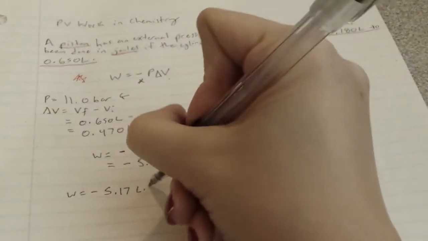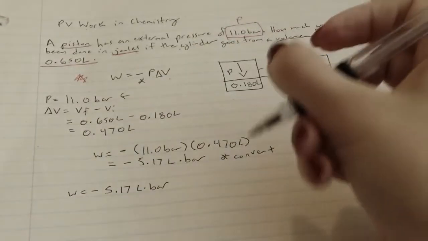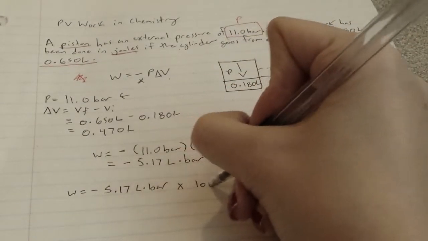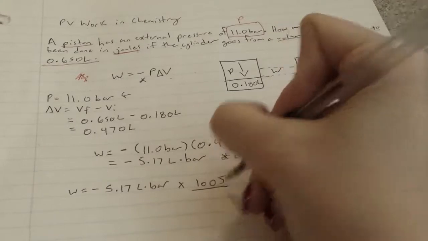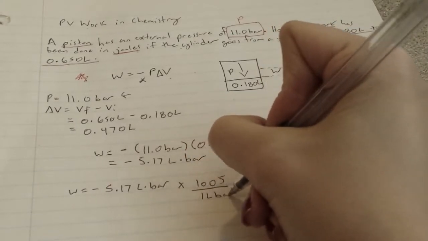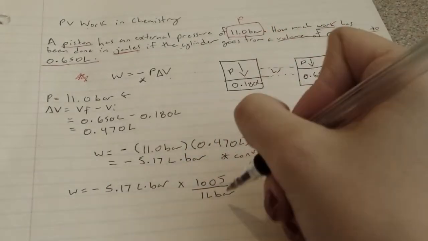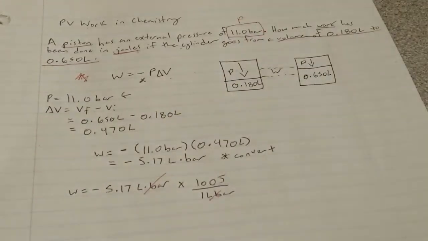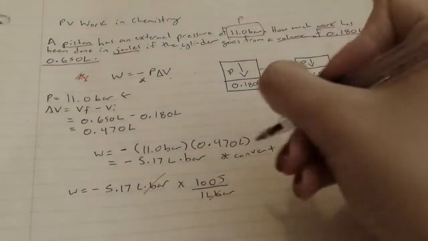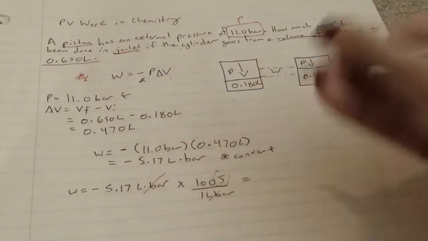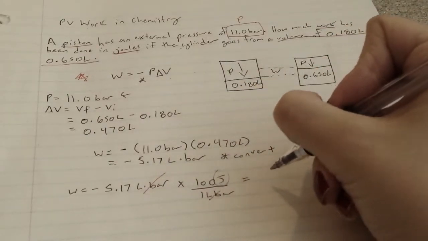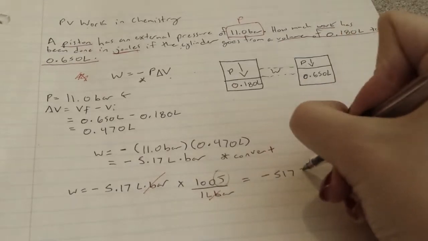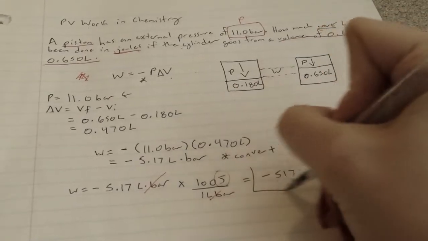We have liter bars, and then our conversion rate is 100 joules per 1 liter bar. Because our liter bar and our liter bar will cancel out due to dimensional analysis, we'll only be left with joules. So then we'll have negative 517 joules as our work.